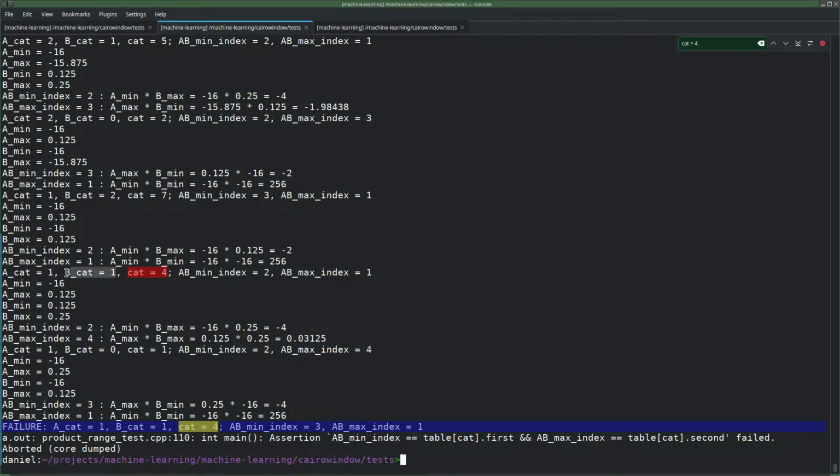And these two are both category 1 because the minimum value is negative and the maximum value is not for both. So negative and not negative means category 1. So this looks completely sane.